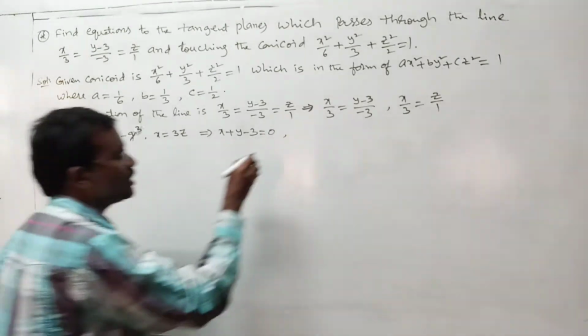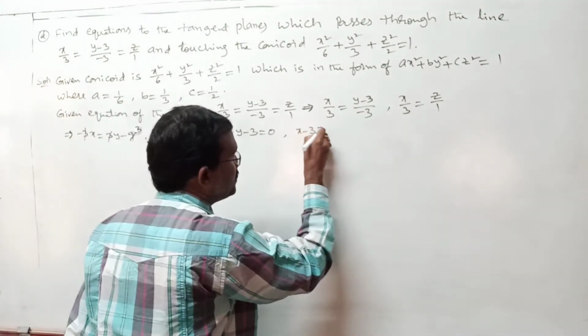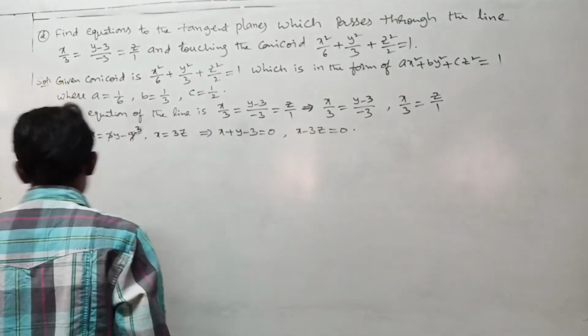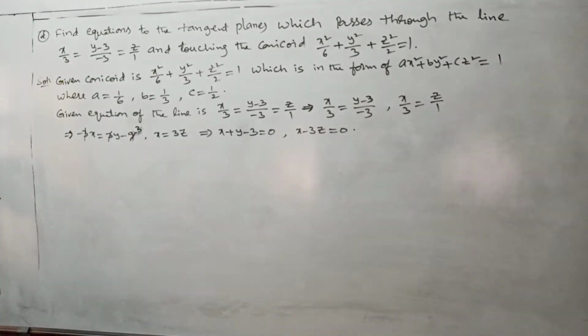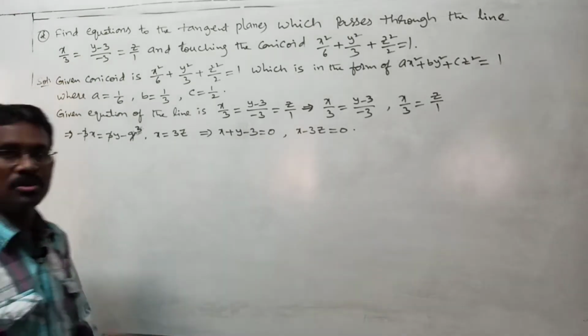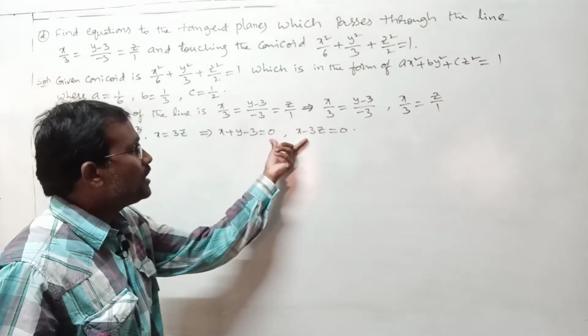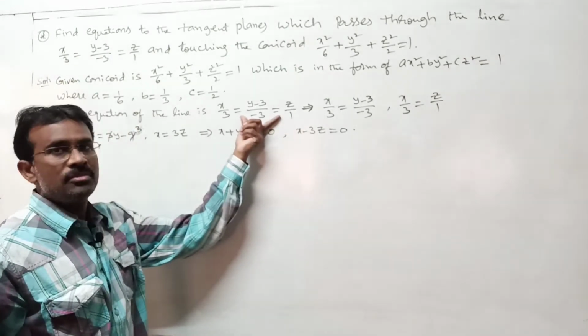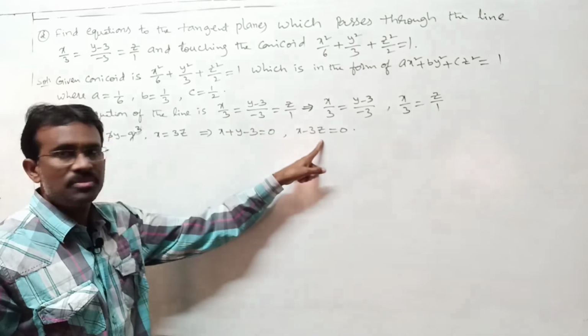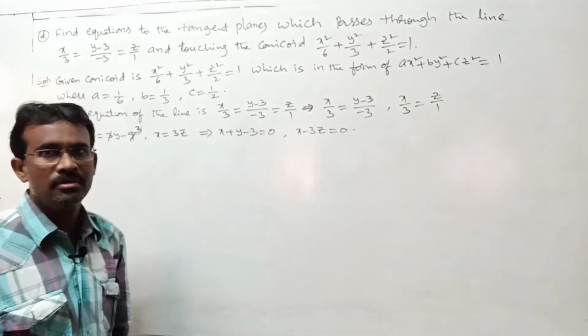And the other plane is what? x minus 3z equal to 0, right? x plus y minus 3 equal to 0, x minus 3z equal to 0, right? This is the unsymmetric form equation of this. This is the symmetric form of the line, this is the unsymmetric form of the line, both represent the same line, right?